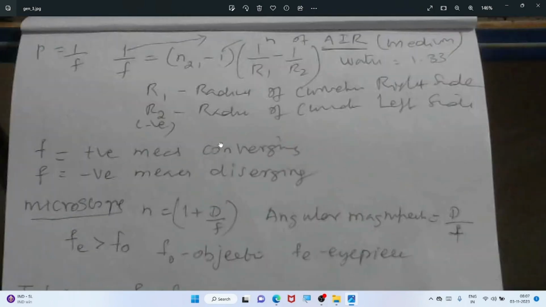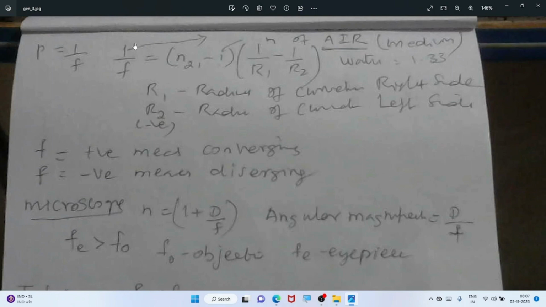This is the lens maker formula. If you have two lenses combined into a single lens, power equals 1 by focal length. 1 by f equals (n2 minus 1) times (1 by r1 minus 1 by r2), where n is the refractive index of medium 2 with respect to medium 1.